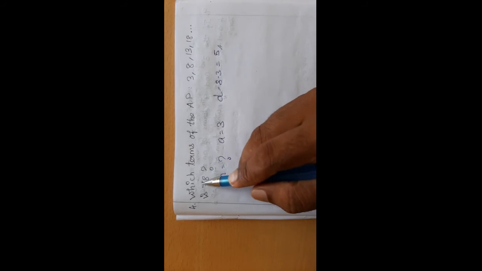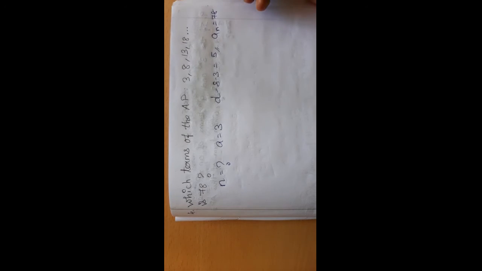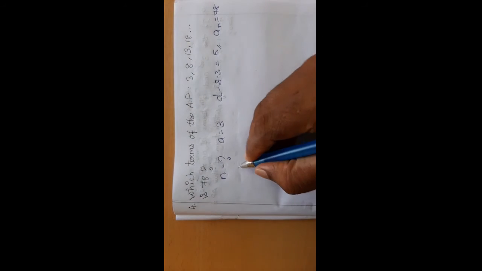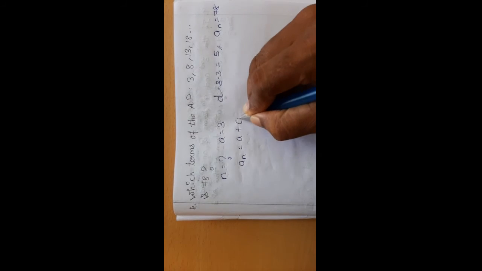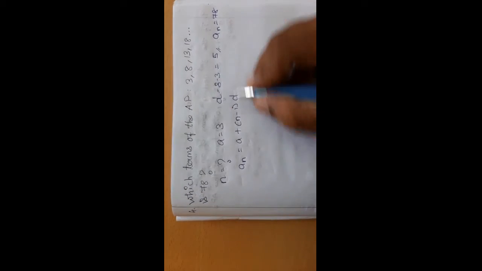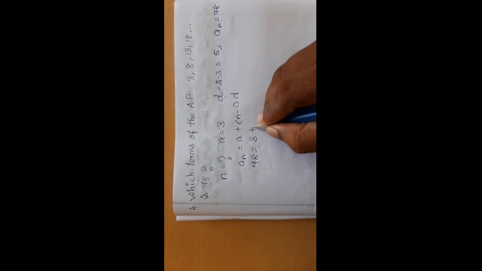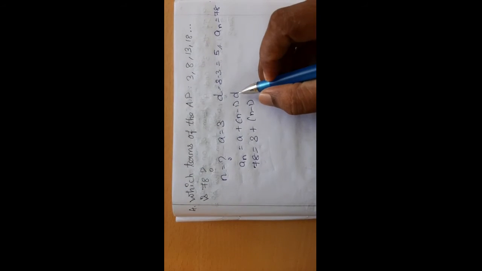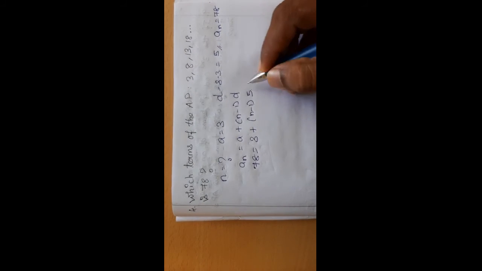So an is equal to 78, and we have to say which term is 78. With the general formula, an is equal to a plus n minus 1 into d. So 78 is equal to 3 plus n minus 1 into 5, where d is 5.